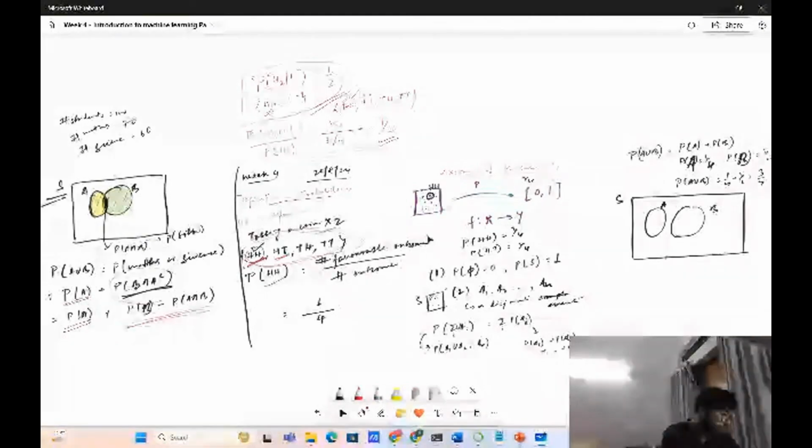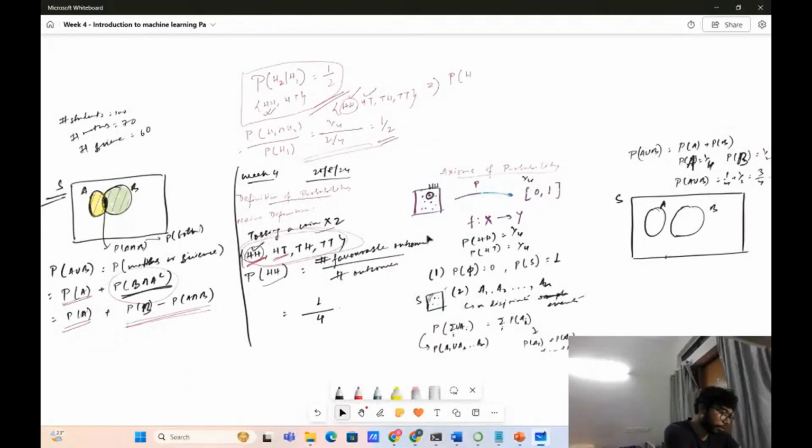All right. So yeah, one comment on this is that if P of H2 given H1 is basically P of H2, then H1 and H2 are independent.